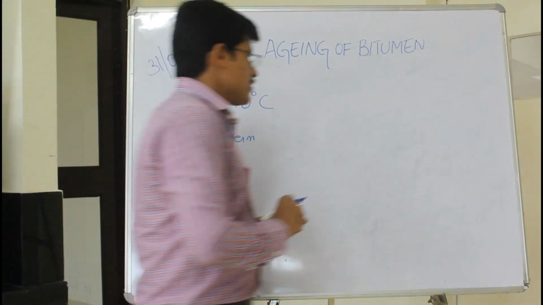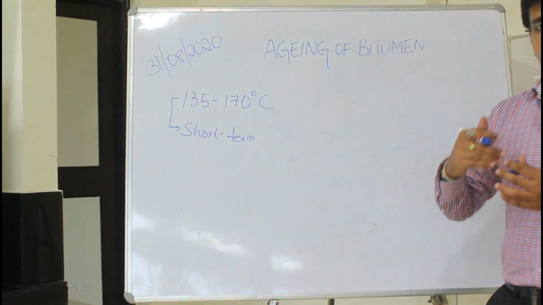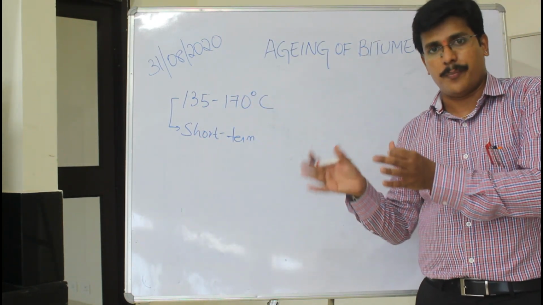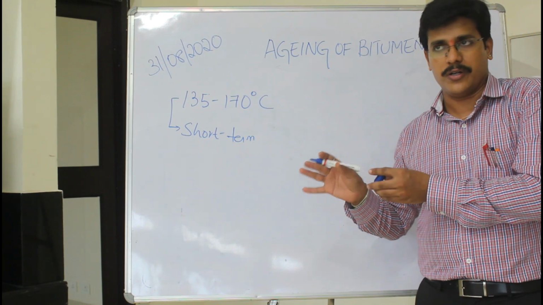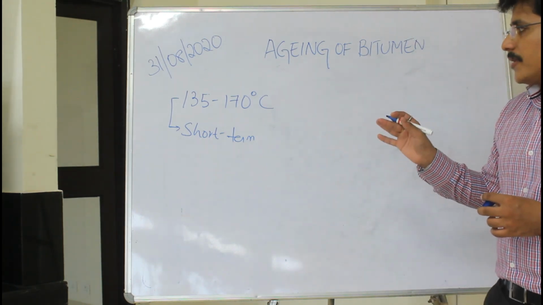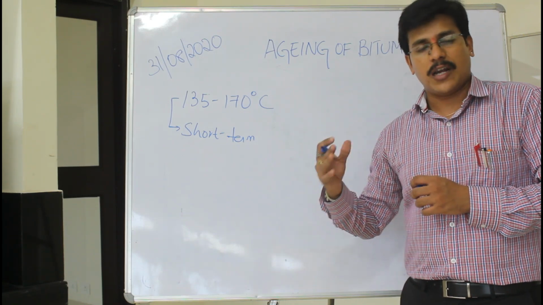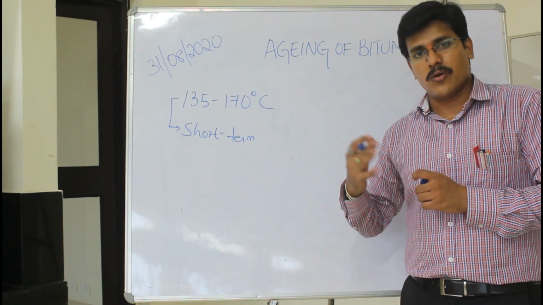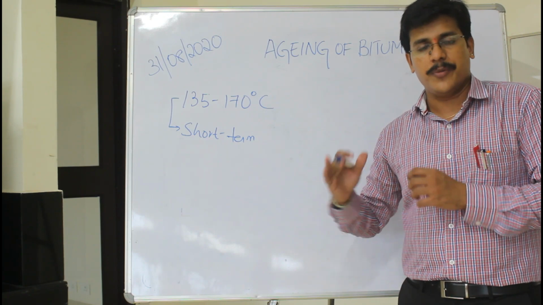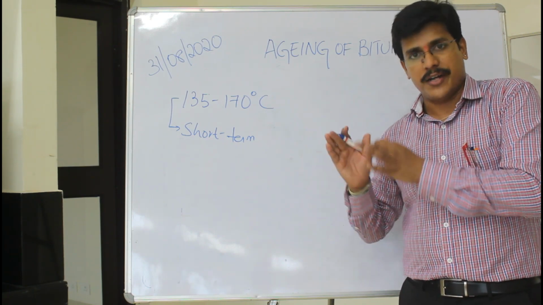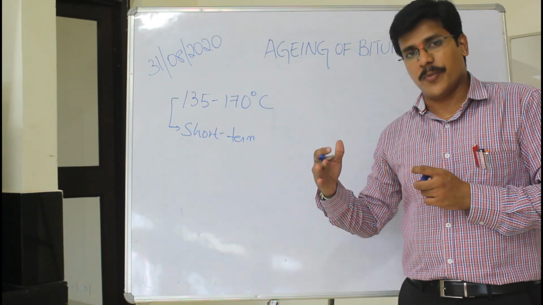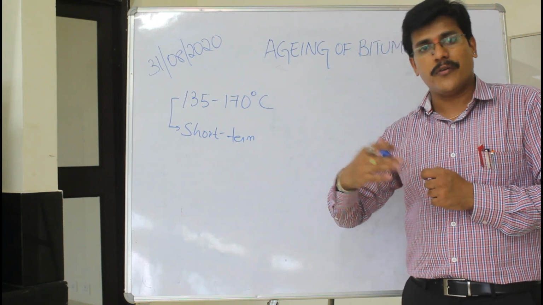On the other hand, when the bitumen is in service, serving as a road for a longer time, it will be subject to wind, air, water and other climatic forces. These will slowly oxidize the bitumen, because the bitumen is exposed to oxygen and air. It will oxidize the bitumen over a period of 15 to 20 years.